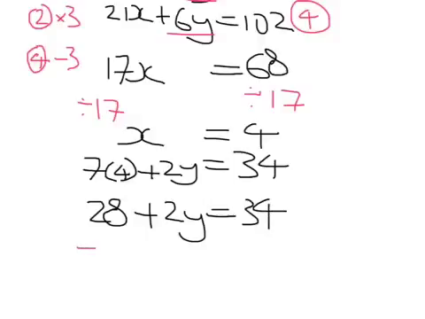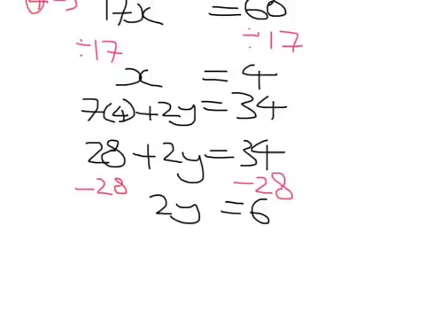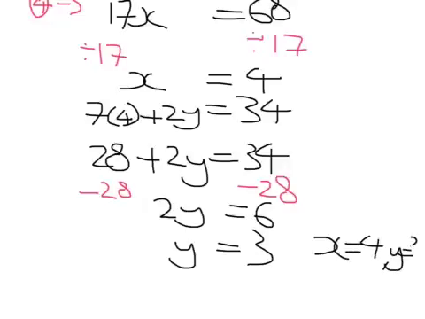So let's take away 28 from each side, and we get 2y equals 6, and then y equals 3. So our answer to this question is x equals 4, y equals 3.